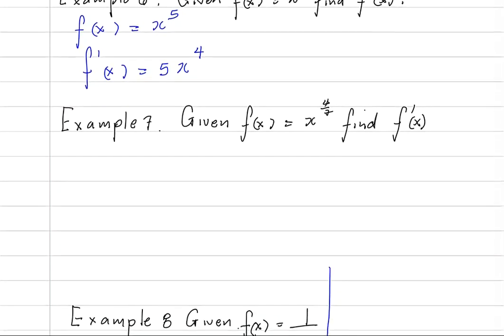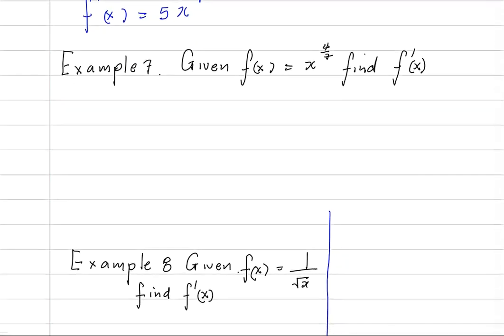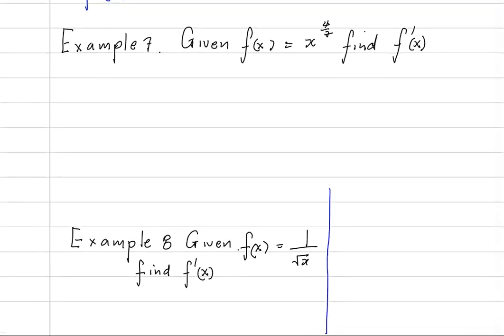All right, let's have a look at a few more examples. In example 7, we're told that f of x is equal to x to the 4 over 7.